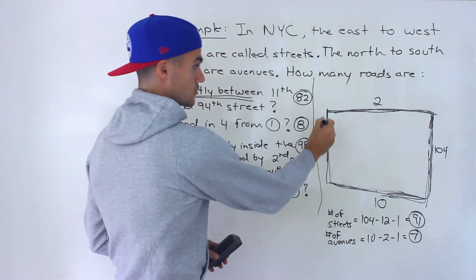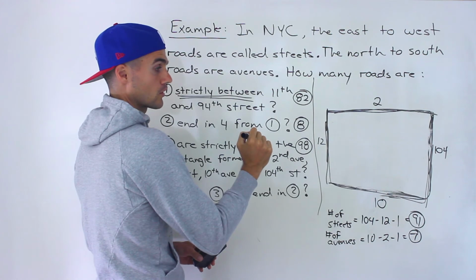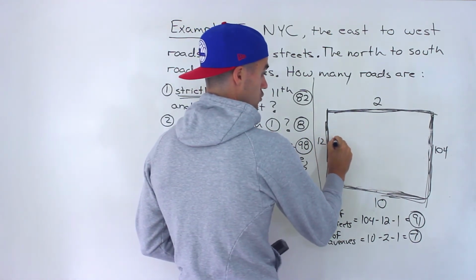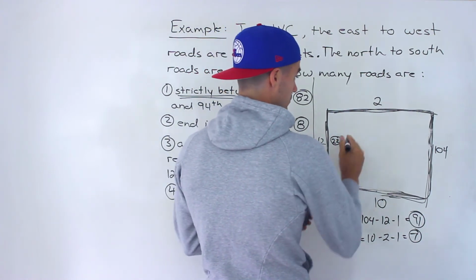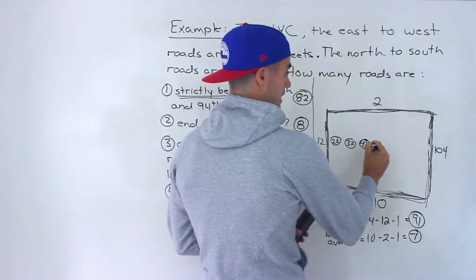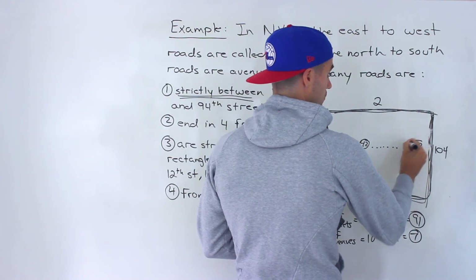Even though it ends in 2, remember it's strictly in between 12 and 104. So the 12 wouldn't be included. It would be 22, 32, 42, etc., all the way to 102.